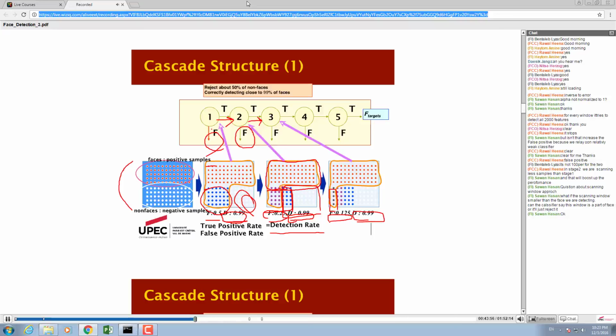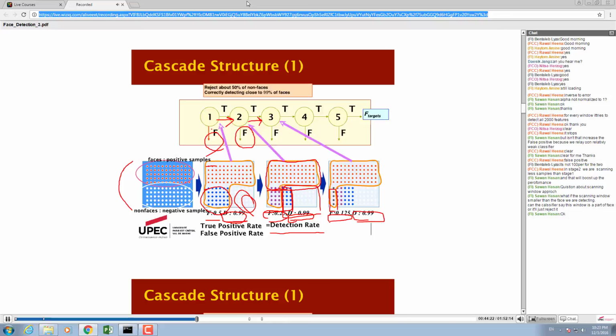But in the case of non-face background windows, they will hopefully be filtered out in some early stage. For example, in stage 1, half of them will be filtered out. In stage 2, half of the remainder filtered out. Stage 3, half.